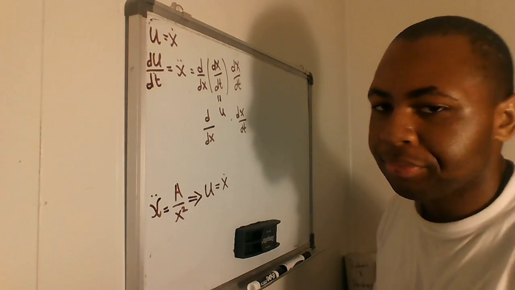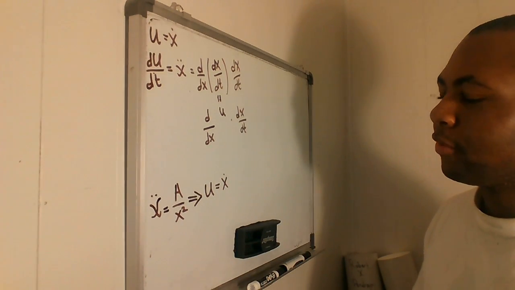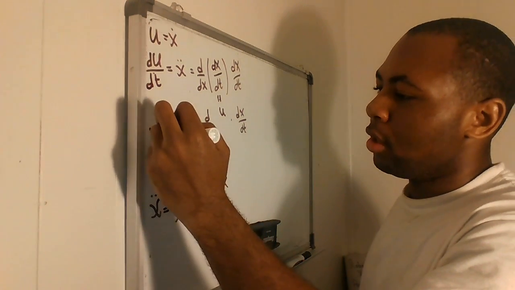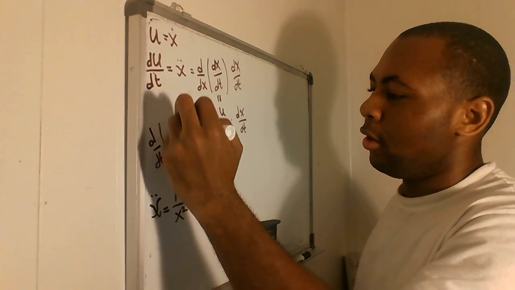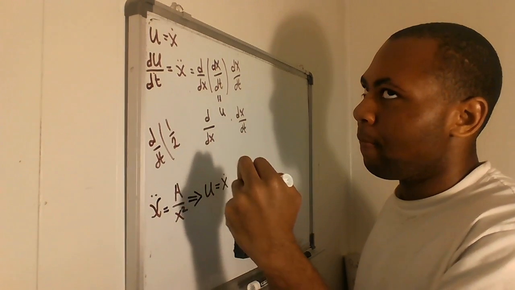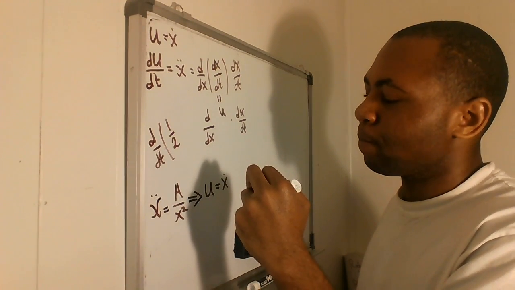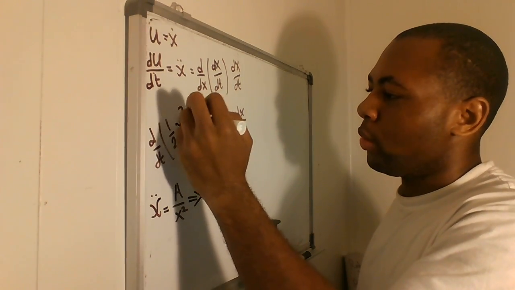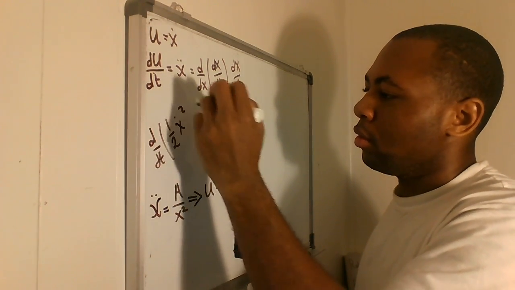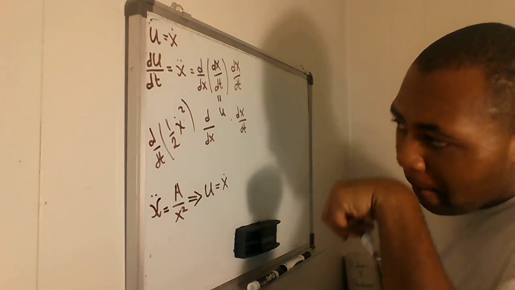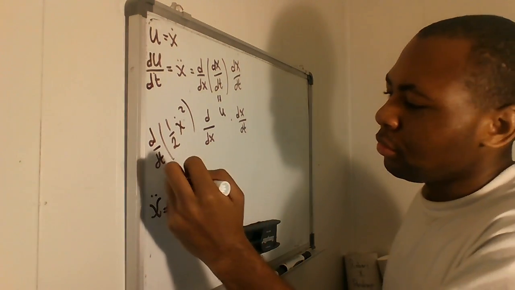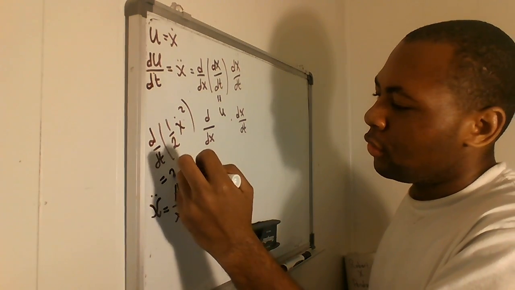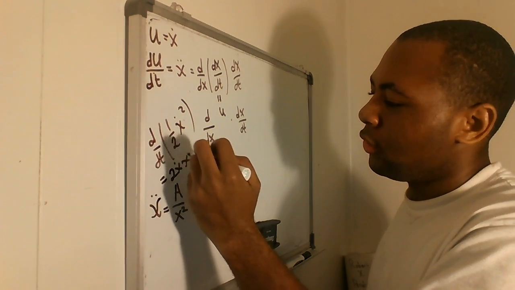And yeah, sometimes you have to do that again. This is also sufficient for you to say d/dt of 1/2 x dot squared, because this is 2 x dot x double dot.